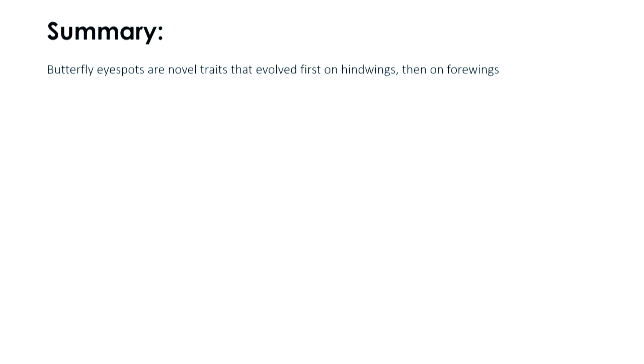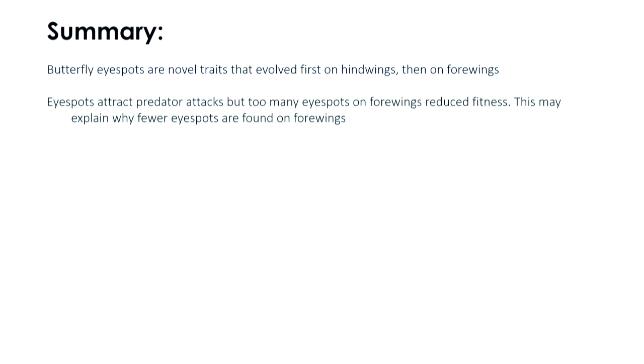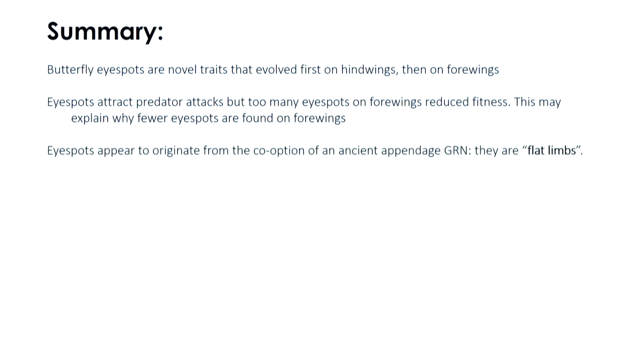So just in summary, butterfly eye spots are novel traits that evolved first on hindwings, then on forewings, later in evolution. Eye spots attract predator attacks, but too many eye spots on forewings reduce fitness. So this may explain why fewer eye spots are found on the forewings in general in nymphalids.